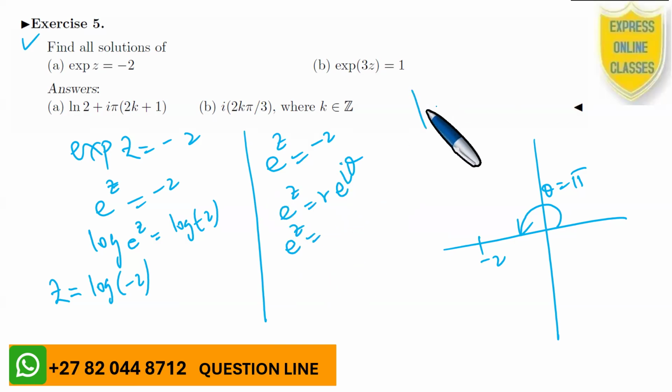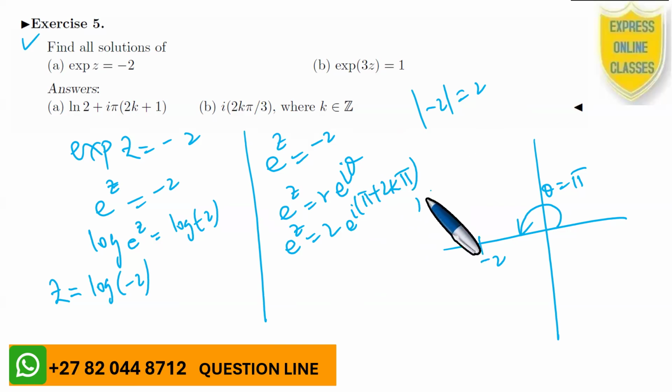What is the radius of this? So you take the modulus of -2, you get 2. This one is pi plus 2k pi. Which is ln 2 plus I pi plus 2k pi.